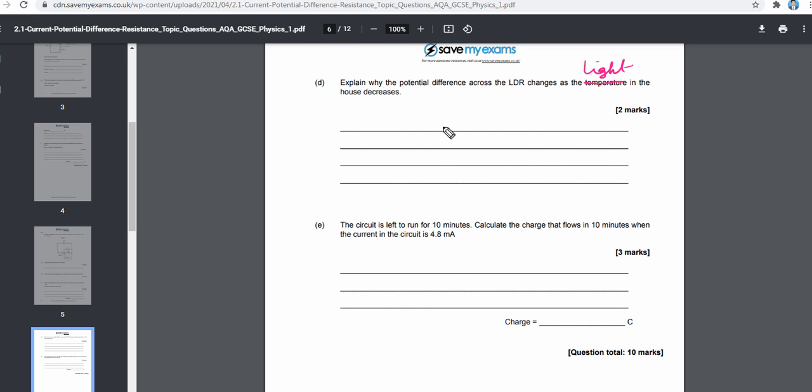So we will say as the light increases, the resistance of the LDR decreases.